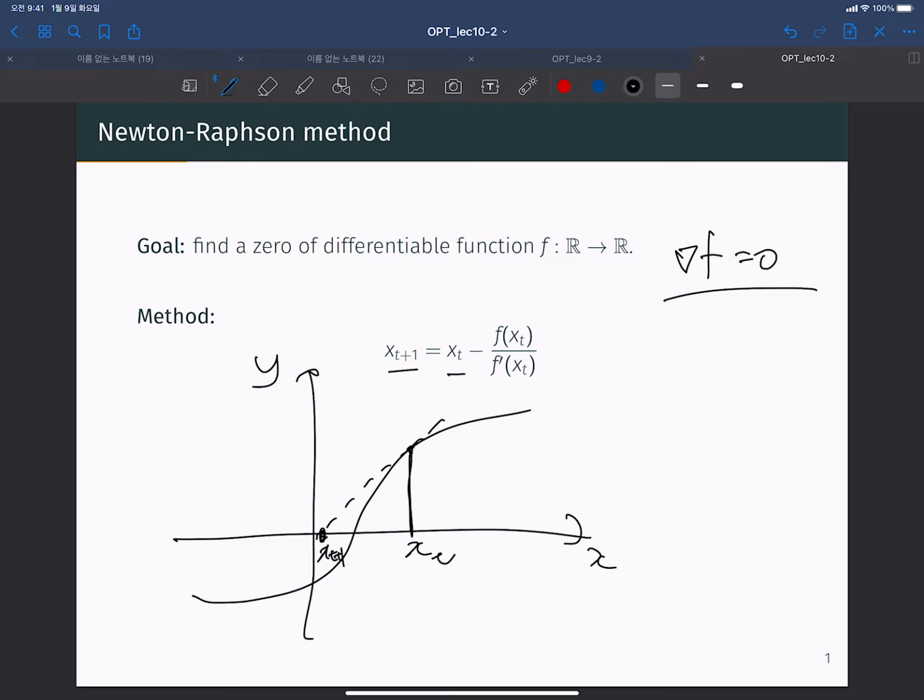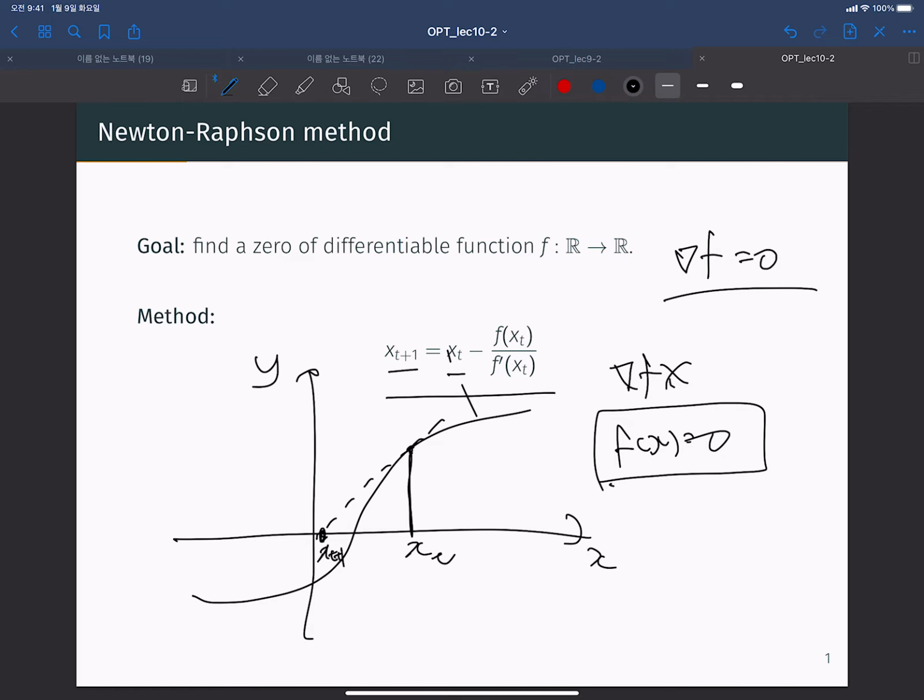Why is this a second order method? Here this approach tries to find not the gradient, but f(x) equal to 0.